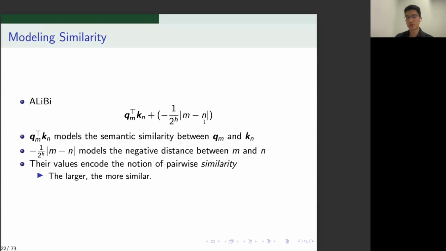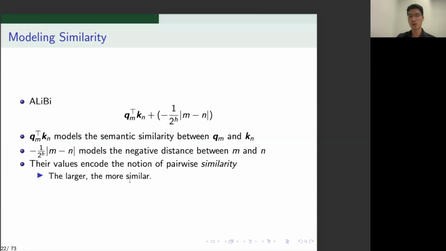Let me answer the second question first. We found that we can actually think of the second term as the negative distance between m and n. This negative distance actually encodes the notion of pairwise similarity, because if the negative distance is larger, then it means that the two positions m and n are more similar.